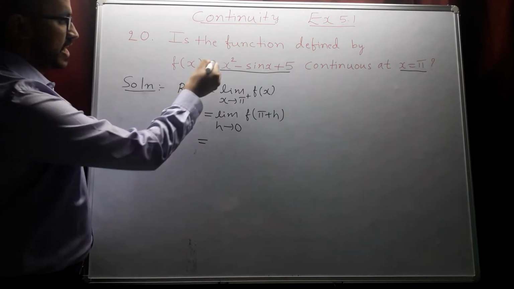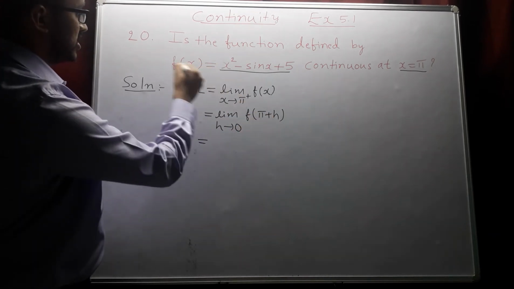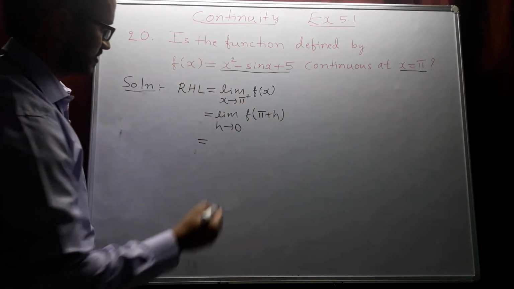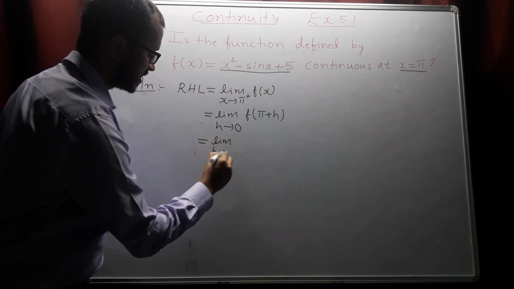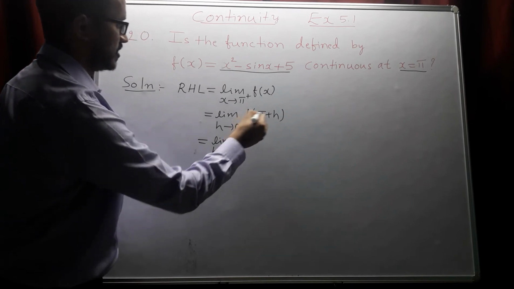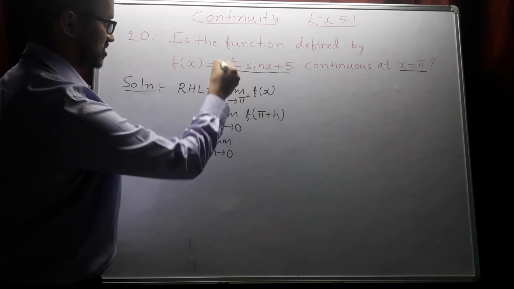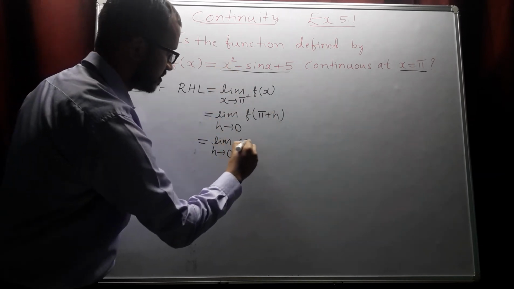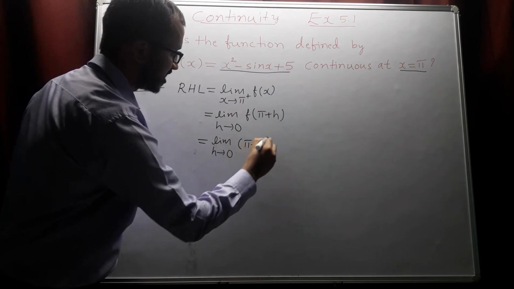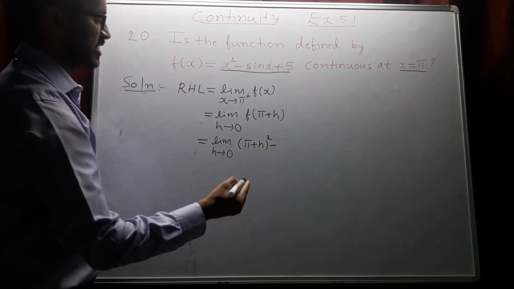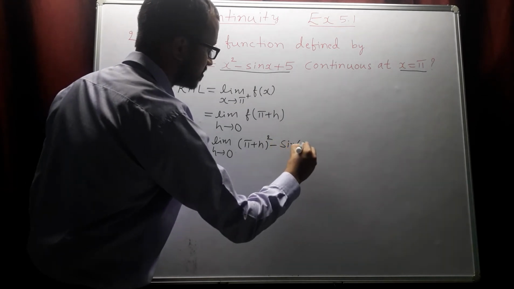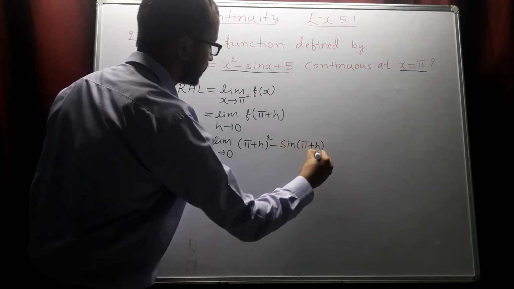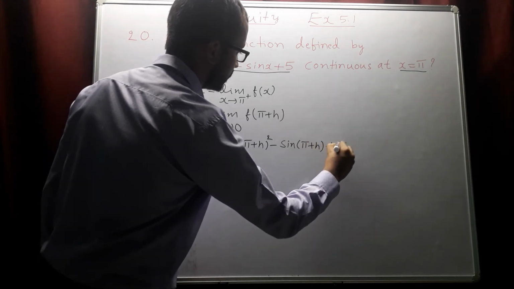Now replace x by π + h in the function f(x). We get (π + h)² − sin(π + h) + 5.